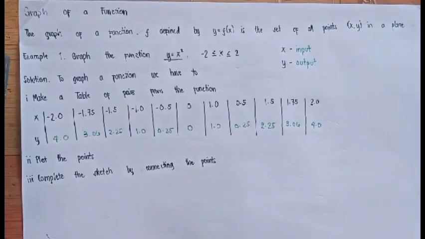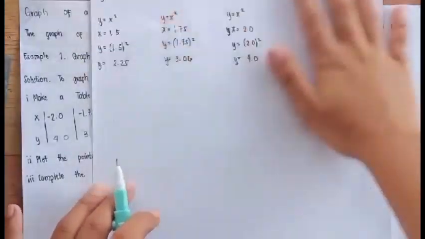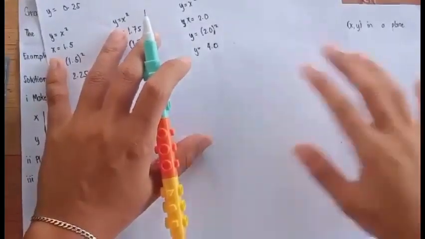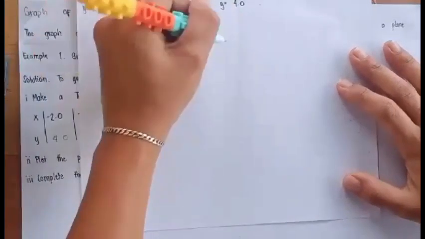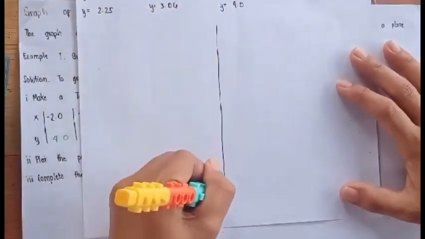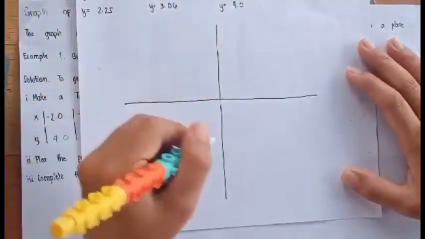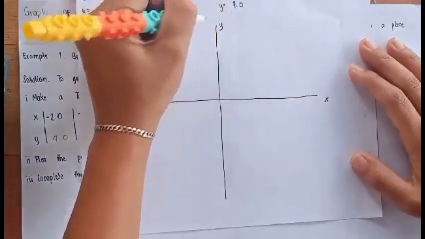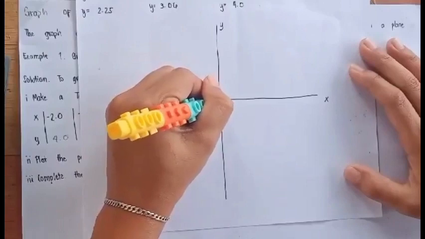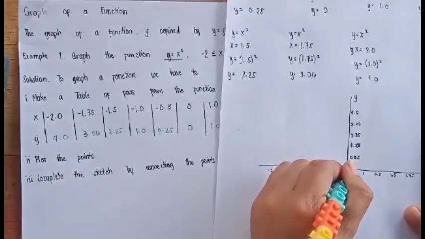Okay, so let me draw first the Cartesian plane here. So this is our x and this is our y and the 0 in the center.